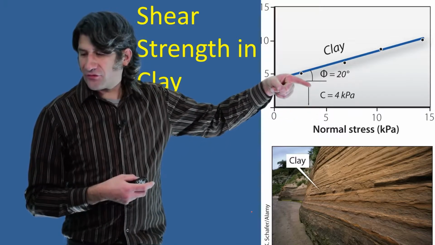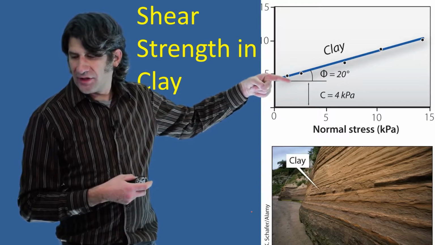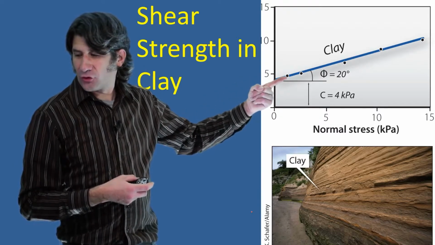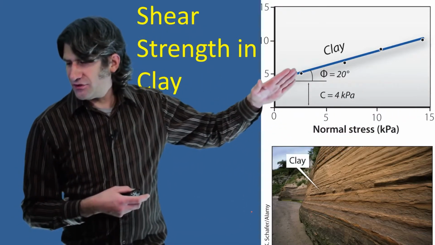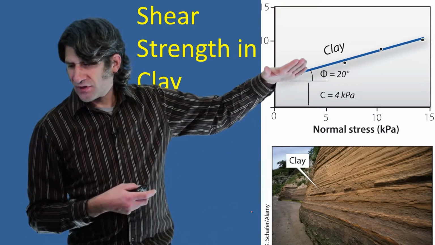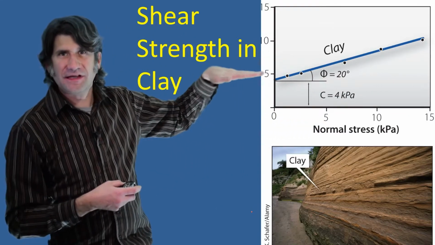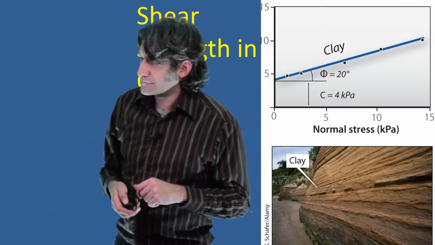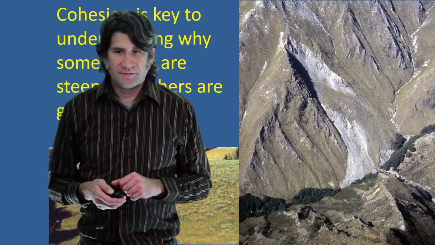So it has a certain amount of strength even if you have no normal stress. But then as you increase the normal stress, we have a lower angle of internal friction in clays, and you don't have as great an increase in the shear strength relative to the increase in the normal stress. So, shear strength in clays versus sand.